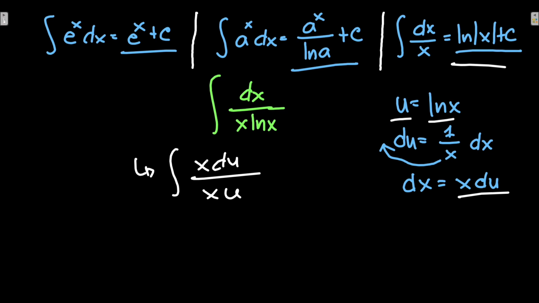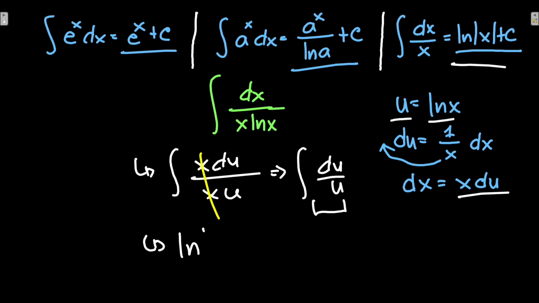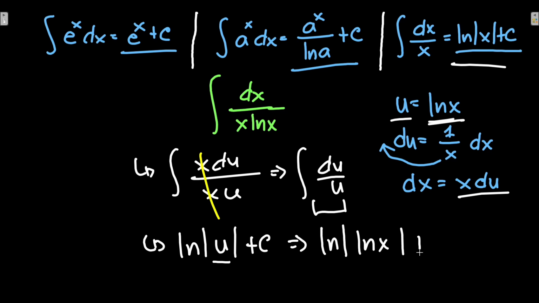You can see here that x will cancel, leaving you with the integral of du over u, which corresponds to this formula. And so your answer would be the natural log of absolute value of u plus c. Putting u back into its original form, which is ln of x, your final answer would be the natural log of absolute value of ln of x plus c.